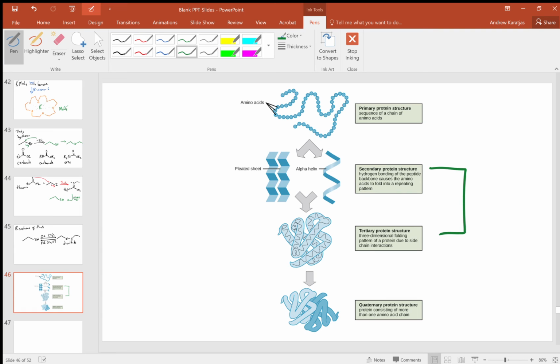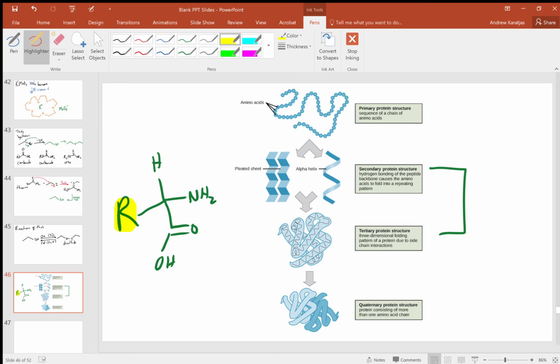If we think about all of our different amino acids, every amino acid has the basic structure of this. It's a carbon with an amine, carboxylic acid, a hydrogen, and some sort of R group.